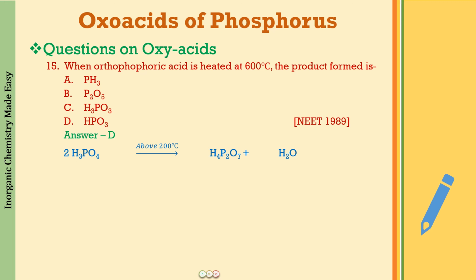This is one reaction which has been mentioned in the NCERT textbook, that when you heat orthophosphoric acid, what you will be getting is pyrophosphoric acid. But when you further heat it up to a temperature of about 600 Celsius, what is going to be formed is metaphosphoric acid. Okay, so please do remember this. You can put a note in your NCERT textbook also, so that when you are revising the concept, you know this very well.